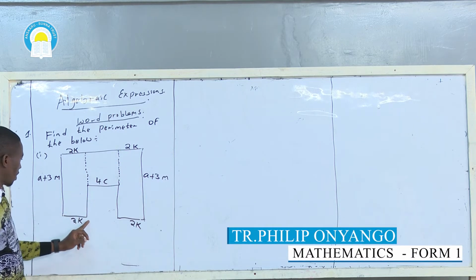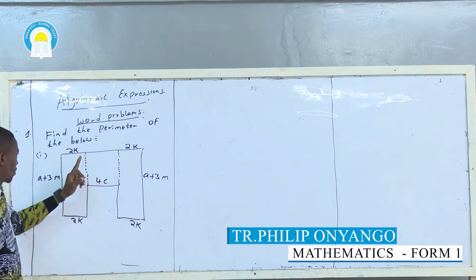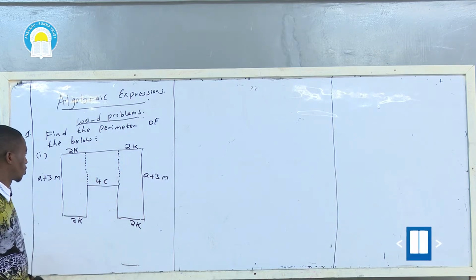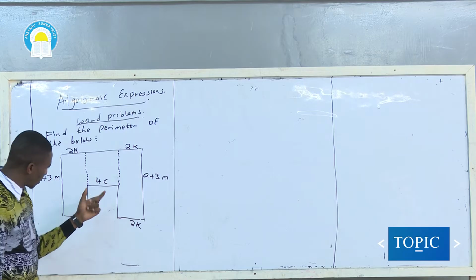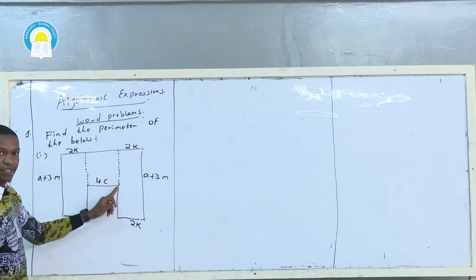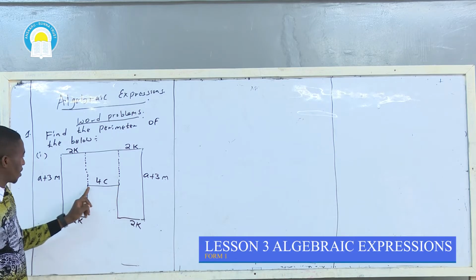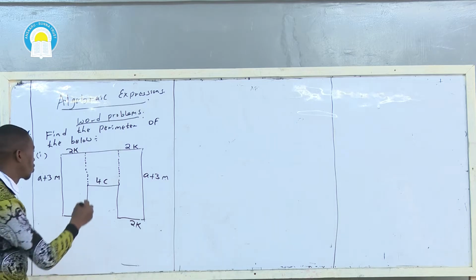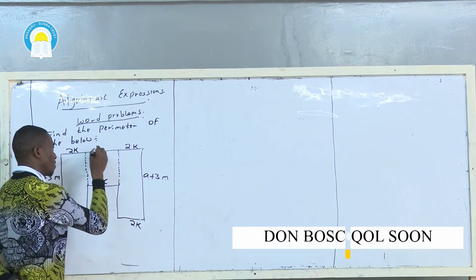So when here to here is 2k, here to here is also 2k. When you look at the middle part, from here to here is 4c, so here to here will also be 4c.